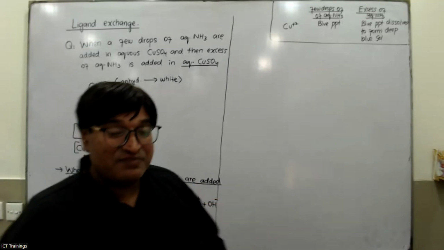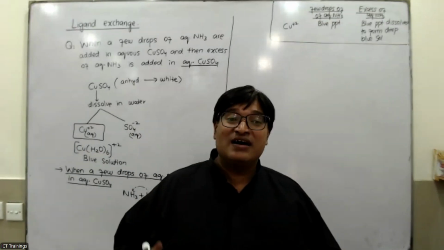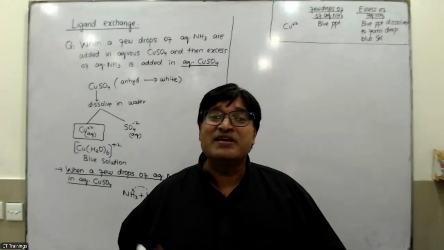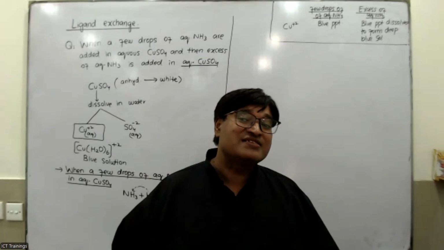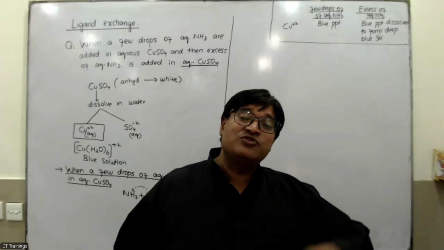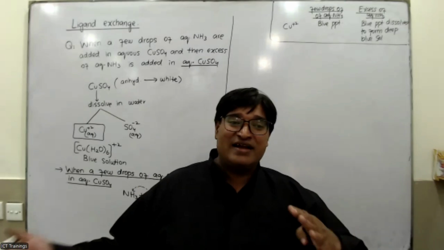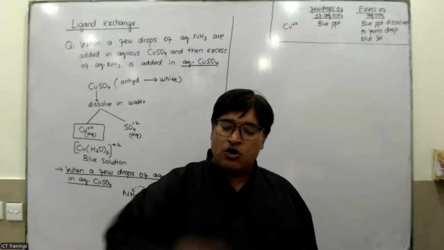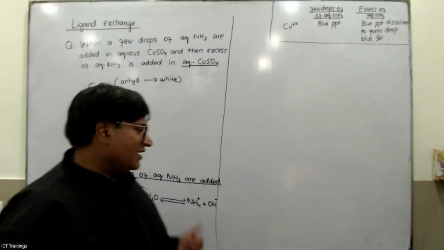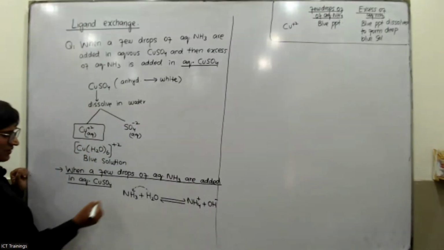Okay, and remember, when the amount of any particular ligand increases, what does that ligand do? It is going to displace the other ligand in the complex and occupy its place. So what would happen? Have a look up here.